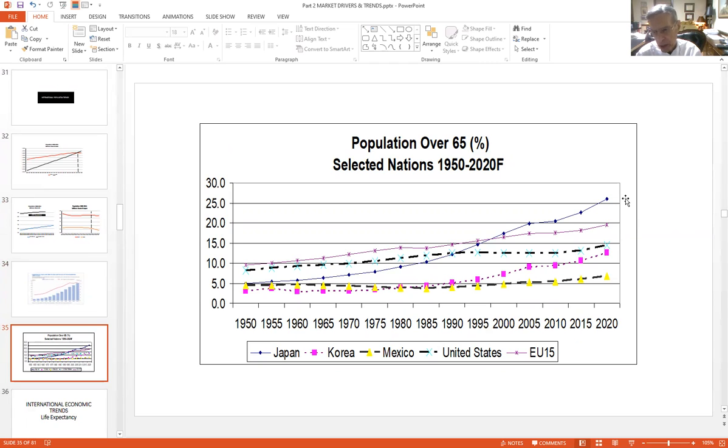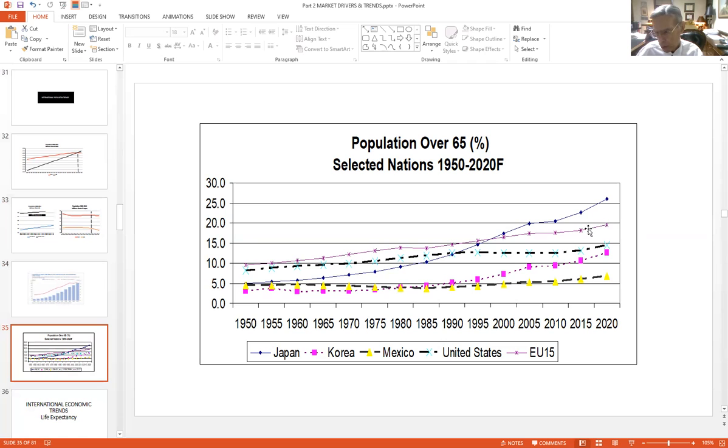That is a major issue because it places a great burden on taxpayers and on the government's economy. And it's a significant issue for Japan. It's also a precursor of problems that can occur in other countries that don't come to grips with this problem of aging.